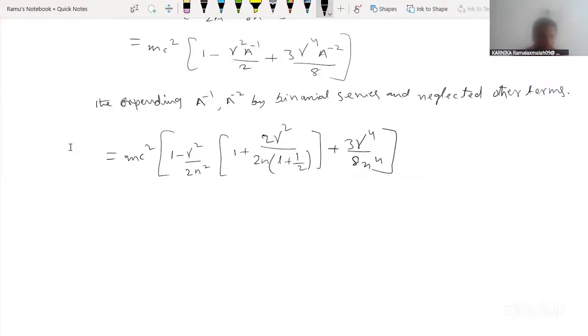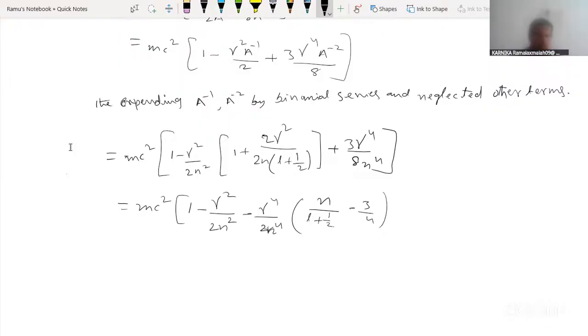So similarly, mc squared, 1 minus gamma squared by 2n squared, minus gamma to the power of 4 by 2n to the power of 4, into n by l plus 1 by 2, minus 3 by 4.